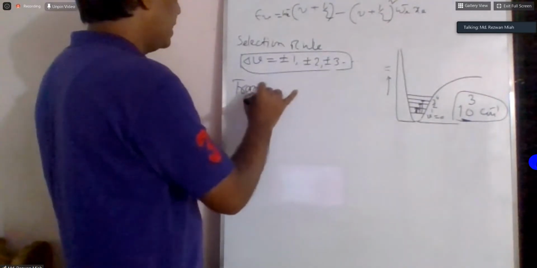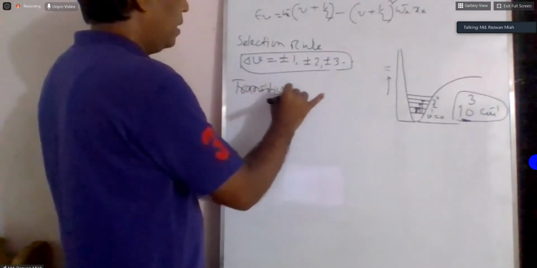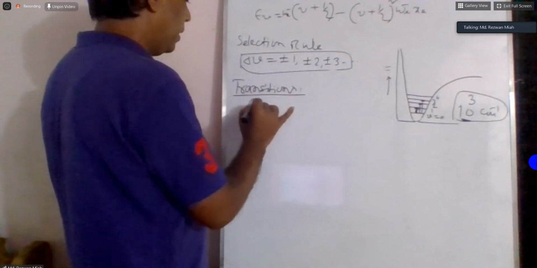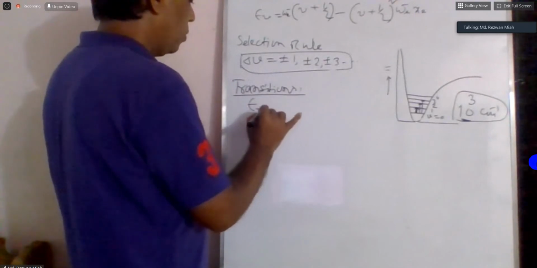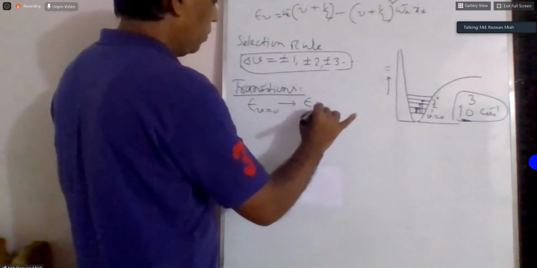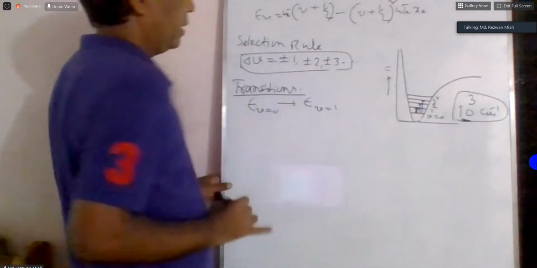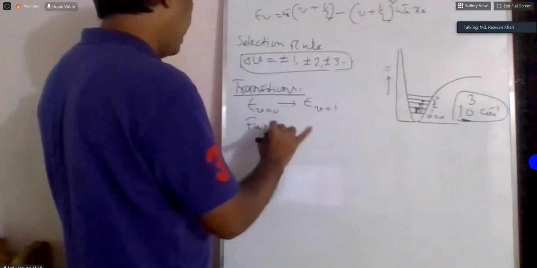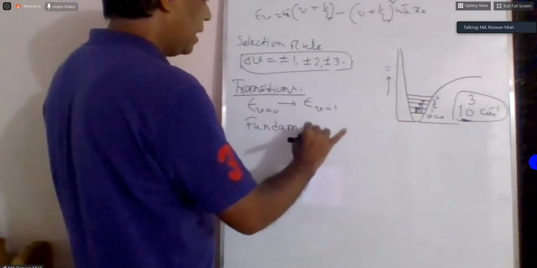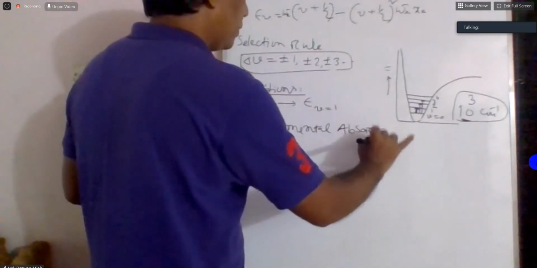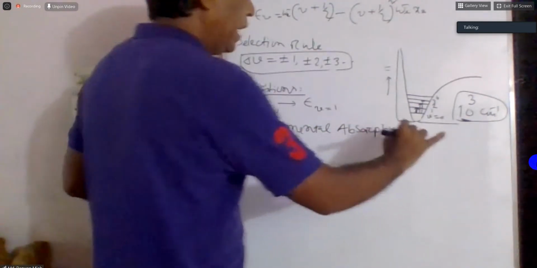So what are the transitions? Suppose E is equal to 0 to epsilon, mu is equal to 1. This transition is called the fundamental absorption band.